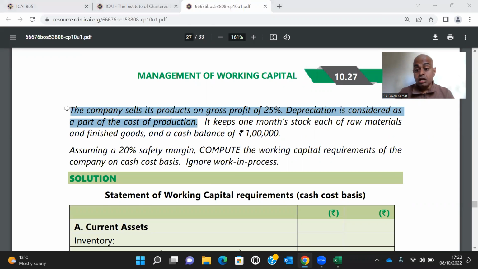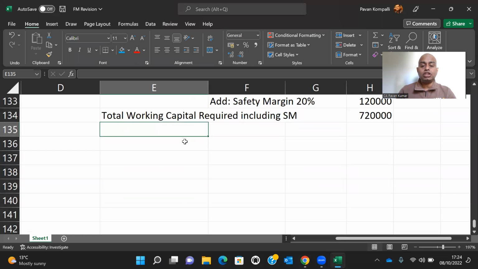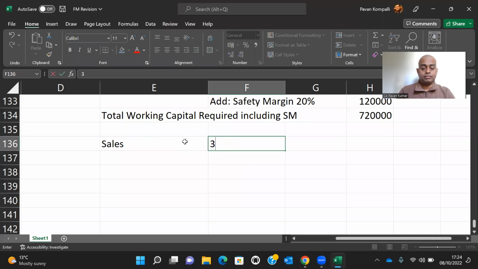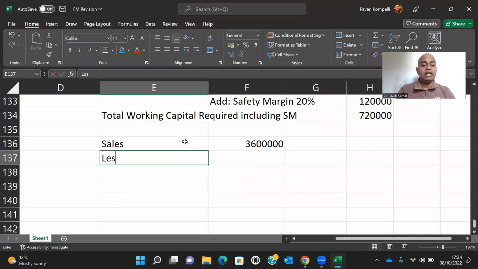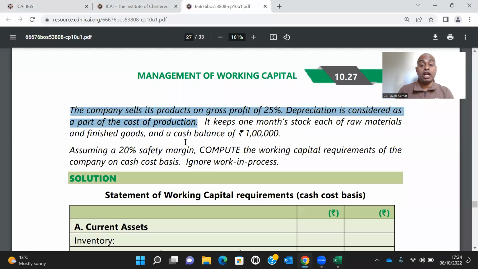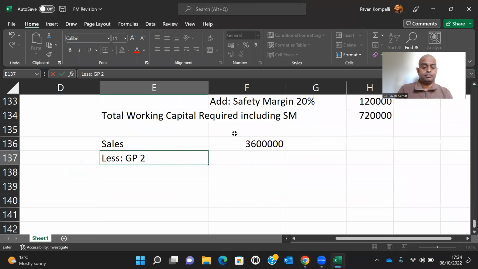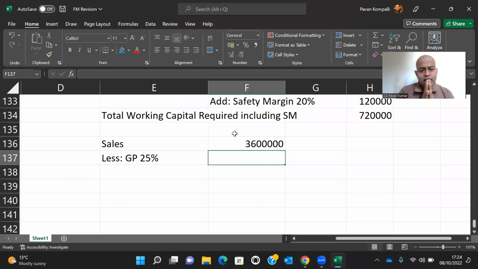Now, tell me, what is sales given in the question? 36 lakhs. Less, what is gross profit ratio given? 25%. So can you calculate 25% on 36 lakhs, how much? 9 lakhs only.